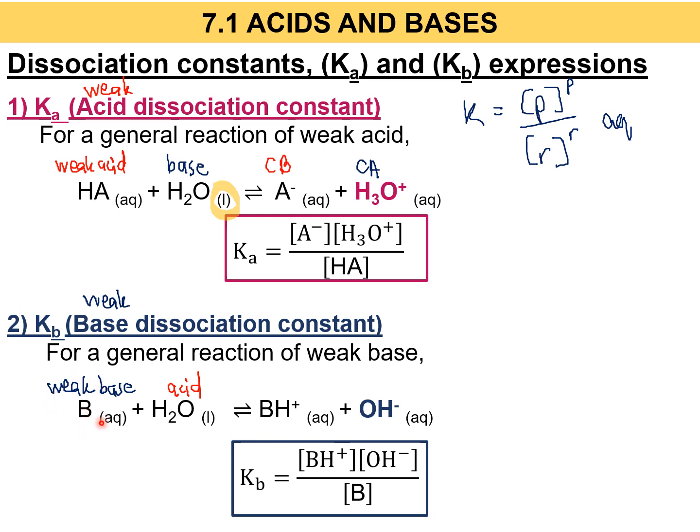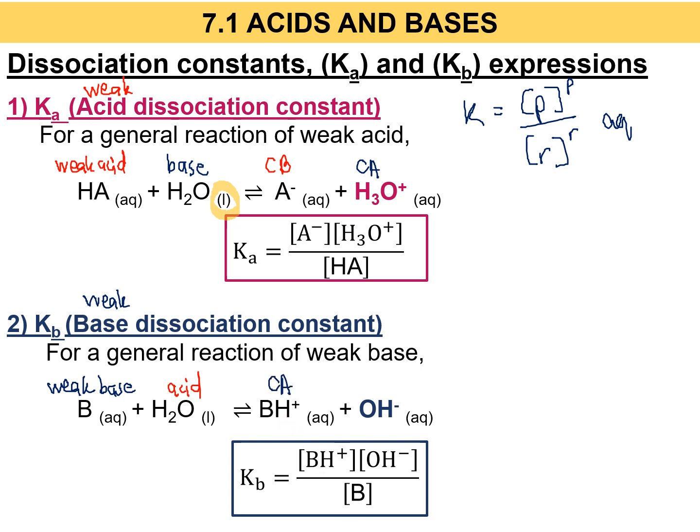If this is a weak base, according to the Bronsted-Lowry theory, it is a base if it accepts a proton. So if you look at the product, this B has already accepted a proton. That's why the product of this weak base, BH+, is a conjugate acid.